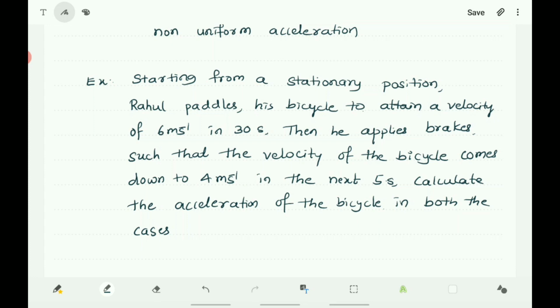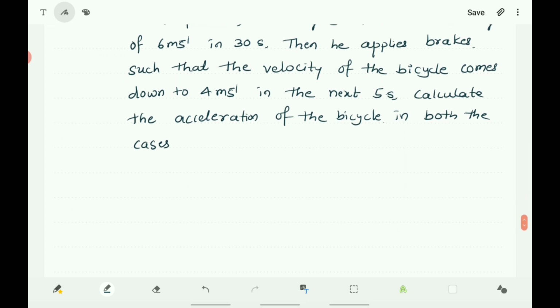First case, here the bicycle is at a stationary position. Rahul starts it by paddling and his bicycle reaches a velocity of 6 ms^-1 in 30 seconds. So let us consider this is the first case.